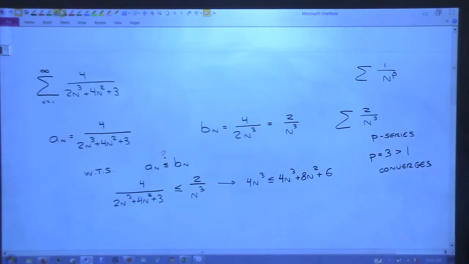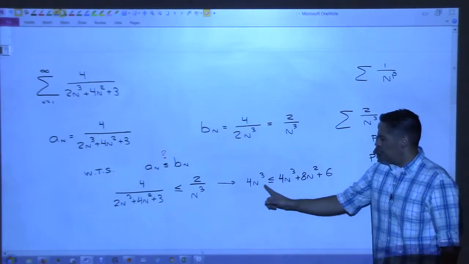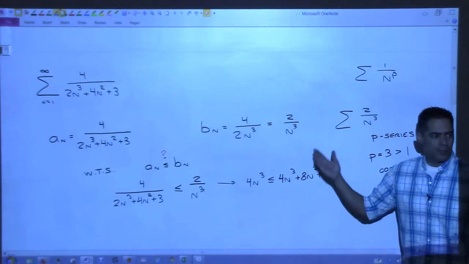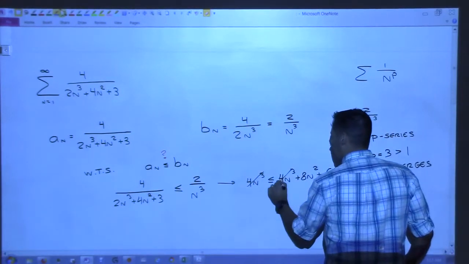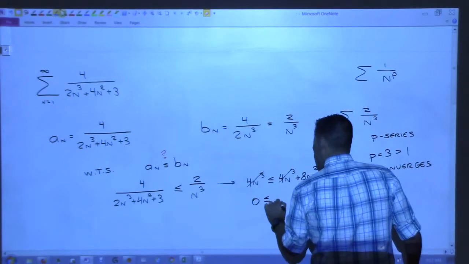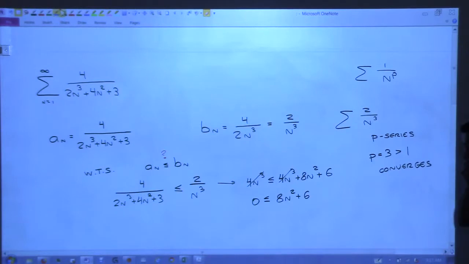Y'all agree? And now, I see that these are the same, aren't they? So let's subtract that from both sides. If I subtract 4n cubed from both sides, it goes away. And I get that statement right there.